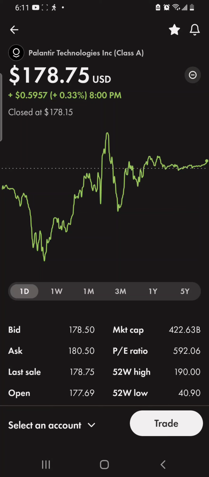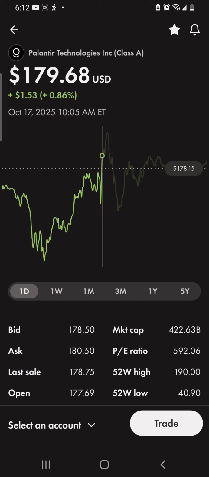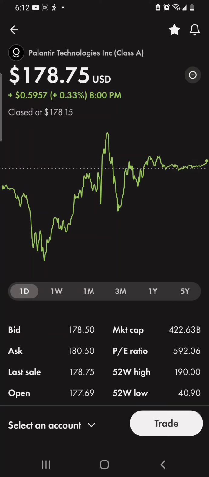If you're going to trade for the day, some persons trade for the day. Say, for example, you realize it's down -3. You can invest in it at -3, and when it goes back up to +1, +2, then you can sell and get out.